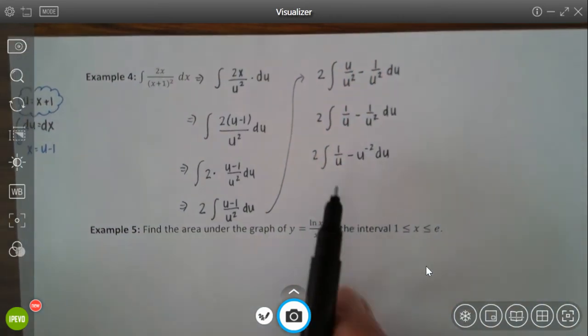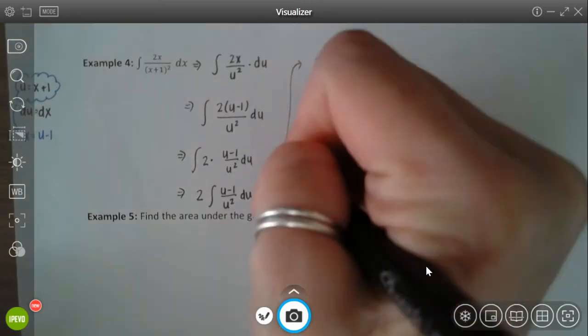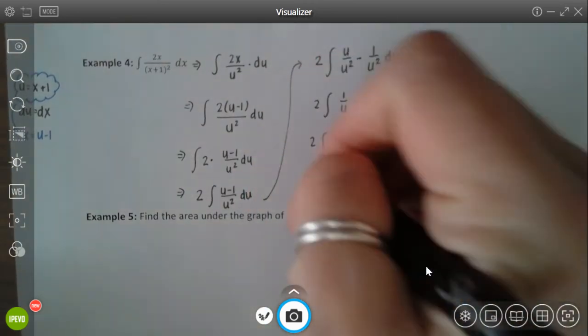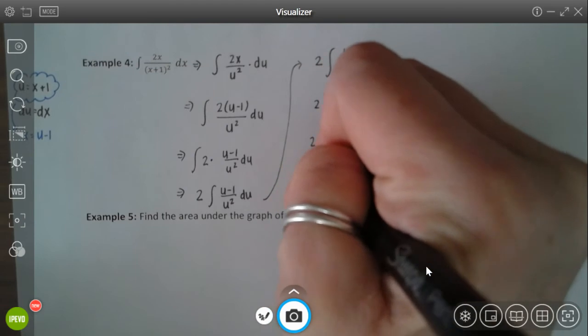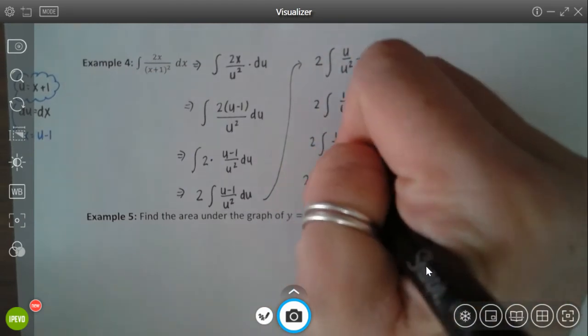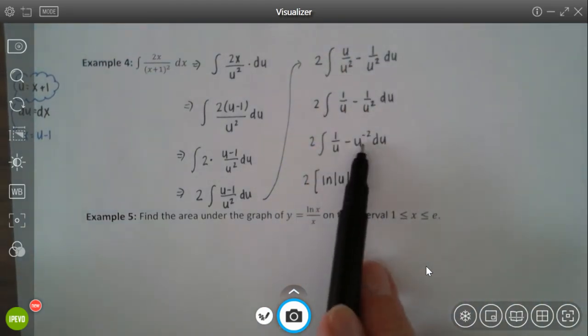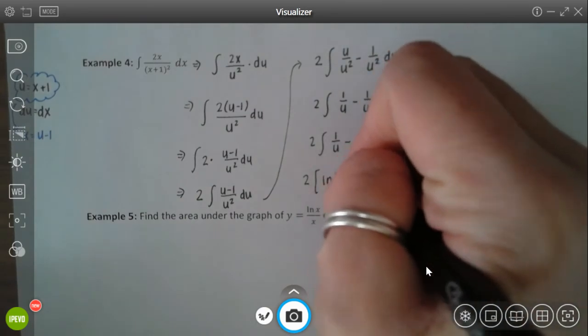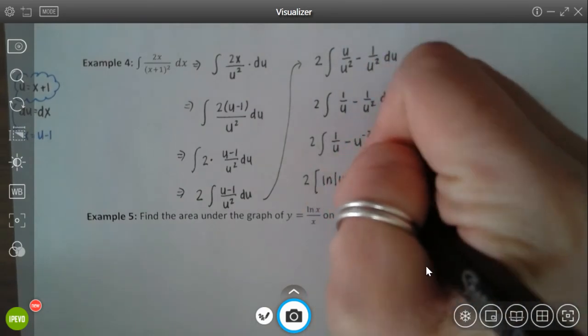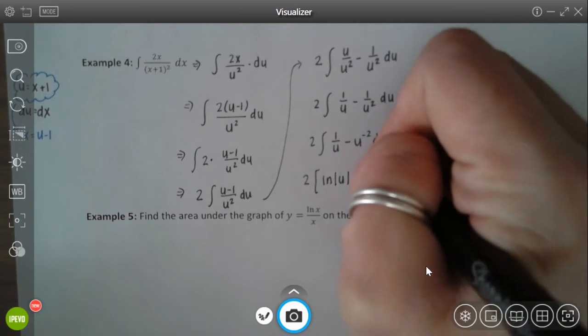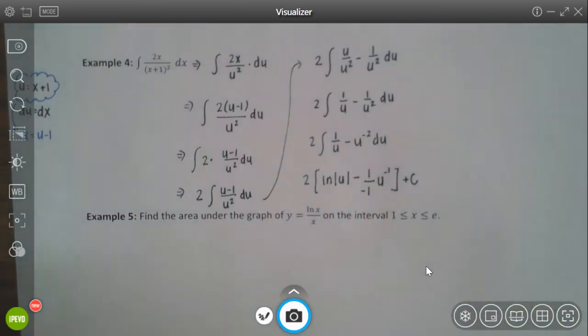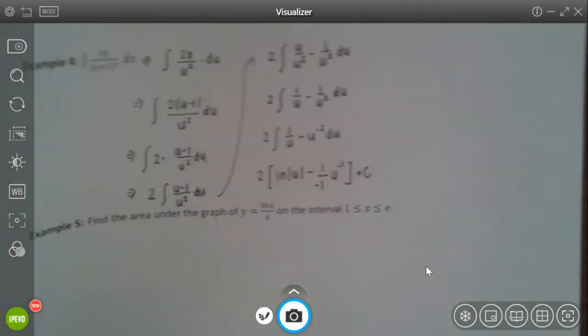Then I can do my integration here. So 2 times the natural log of the absolute value of u, and then I'm going to apply my power rule here. That's going to be negative 1 over negative 1, u to the negative 1, plus c.